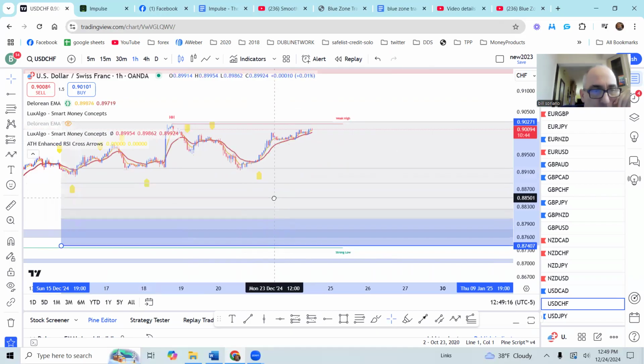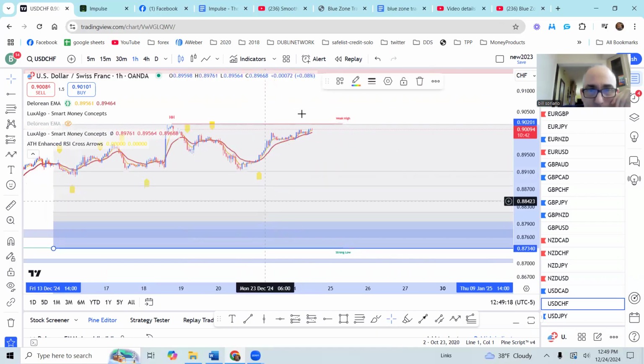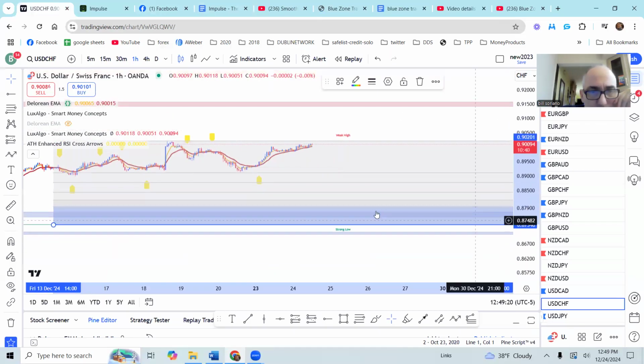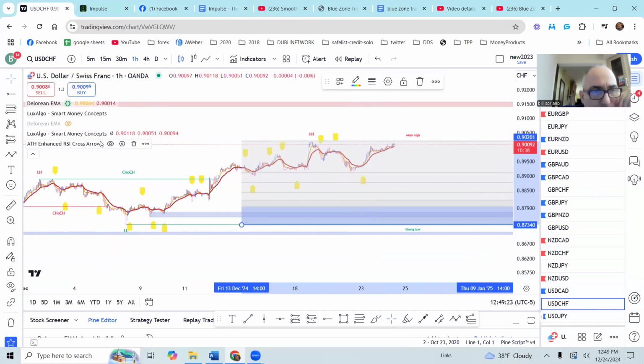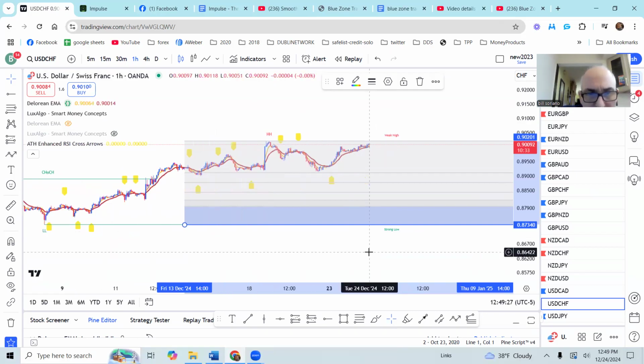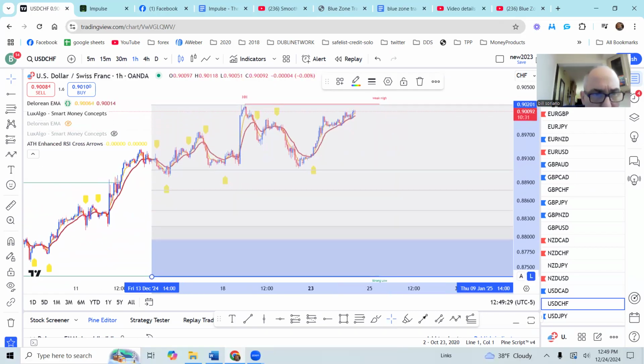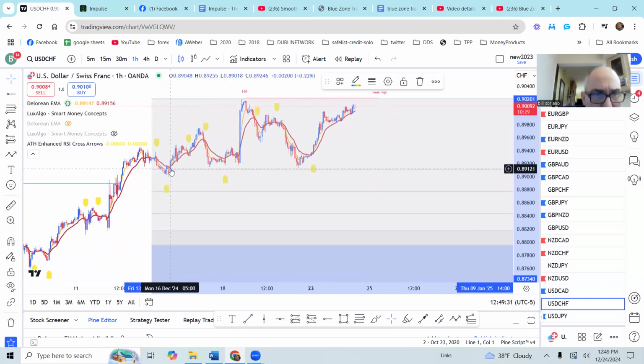Your alert would go off, right? And right here, after that alert goes off, we would wait for that yellow EMA to cross above the red, and that's when we would take the trade.